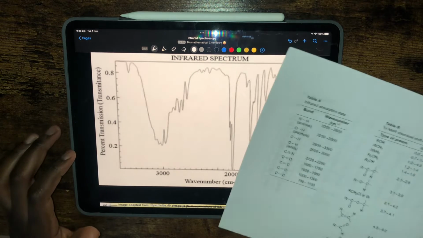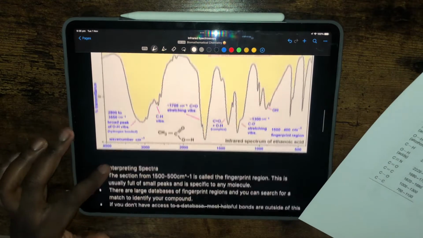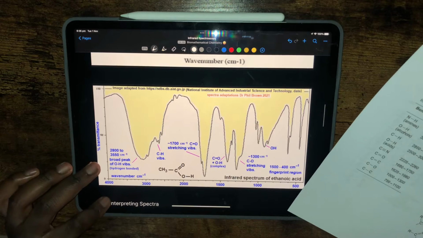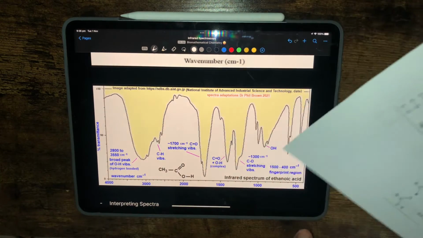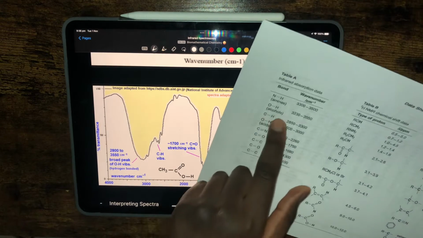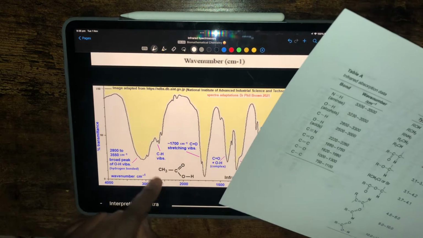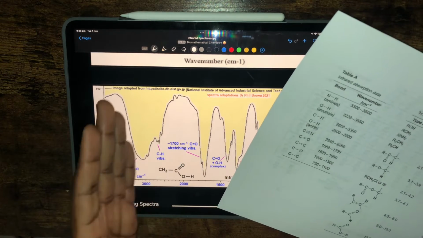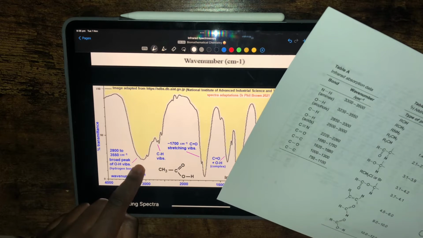So if we look here, that is acetic acid. It has a broad peak between 2500 and 3000. It's not going to be exact, but generally from 2500 to 3000.